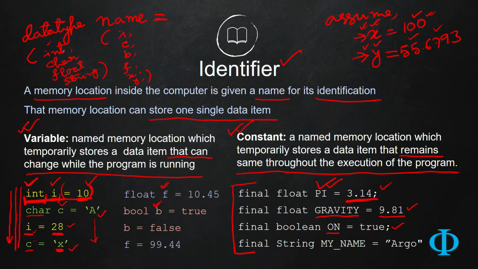So let's say this int I, you may think of like initializing I with a value of 10, but that is purely optional. You can ignore that part also. So also you can do like, let's say char C, you want to initialize it with a value of A, but again this is optional.